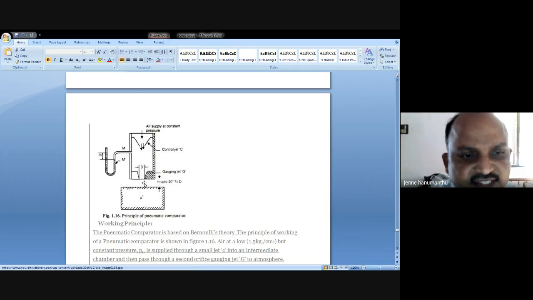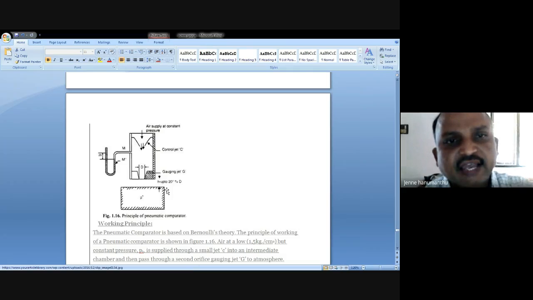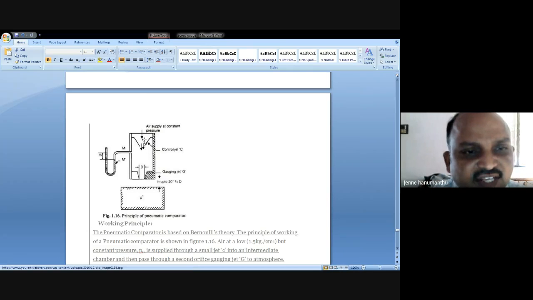Just place the pneumatic comparator near to this. When the surface doesn't have any deviations, any roughness, any irregularities, whatever air comes like this will fall on this. So it shows a constant pressure value on the manometer.